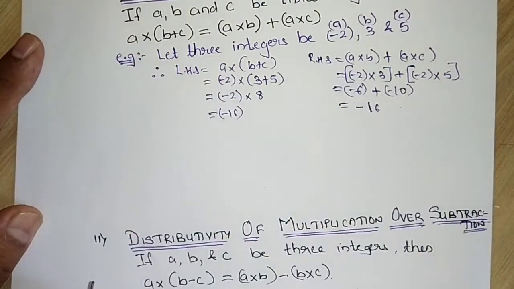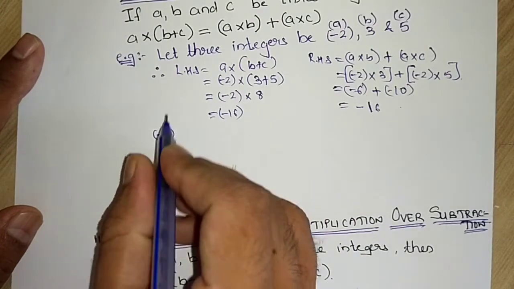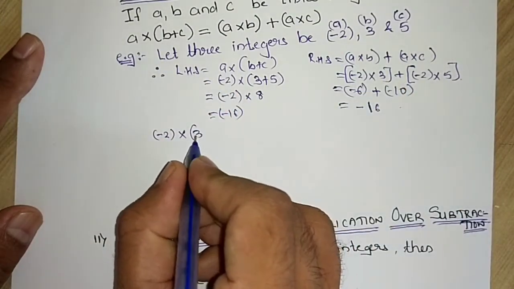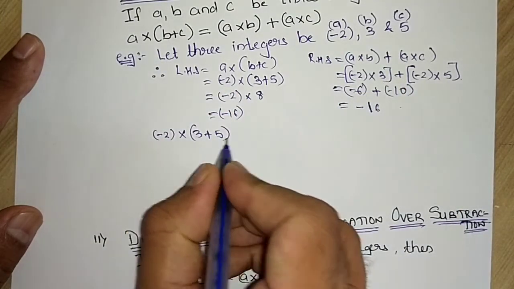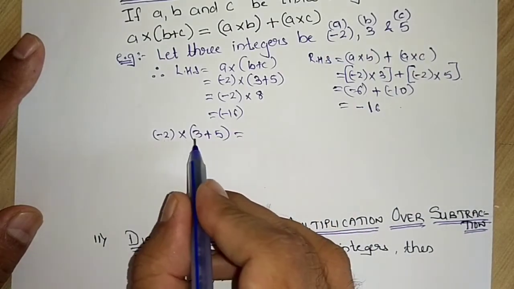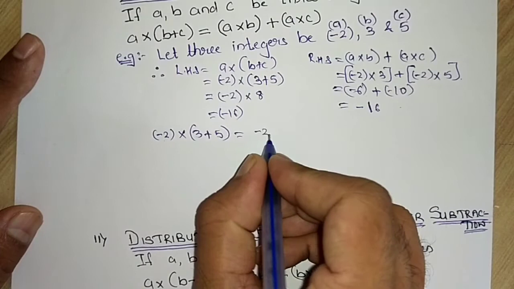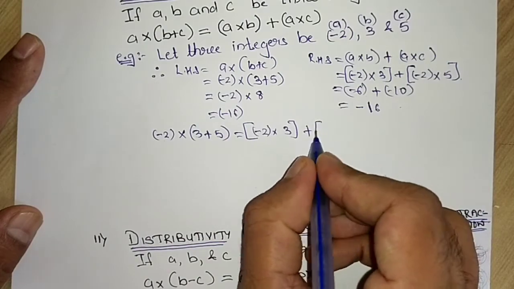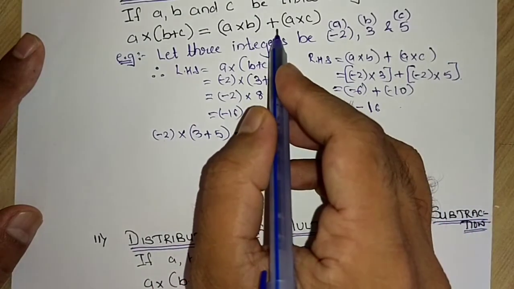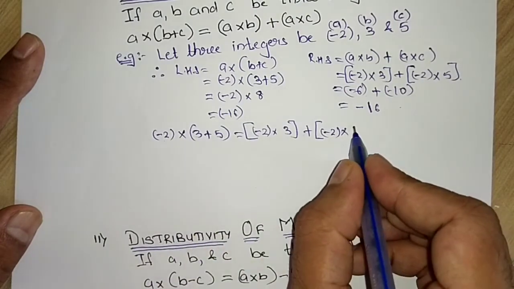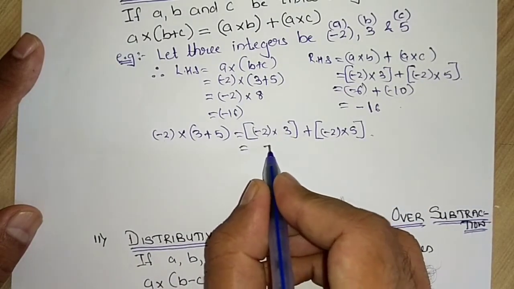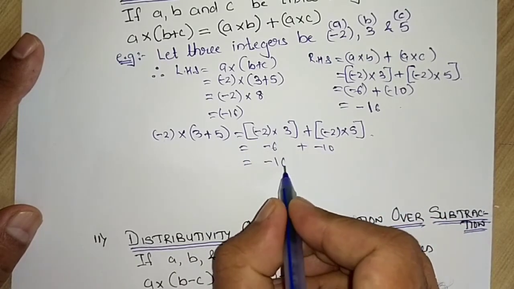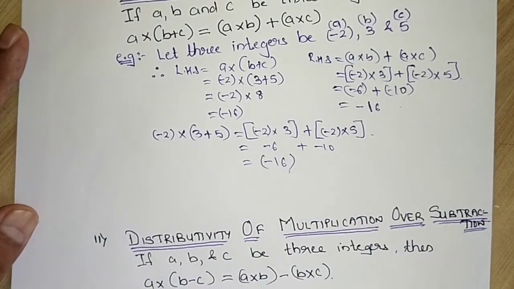We will keep this in formula like this: minus 2, because A is minus 2, multiply by B is 3 plus 5 is equal to A into B. See, A into B. So minus 2 into 3 plus minus 2 into C. C is 5, is equal to minus 6 plus minus 10 is equal to minus 16. Hope you are getting it.